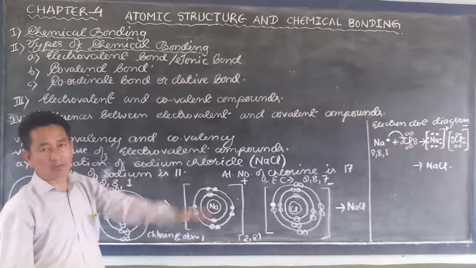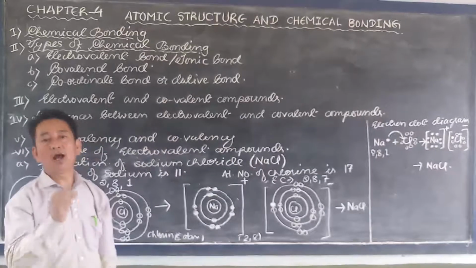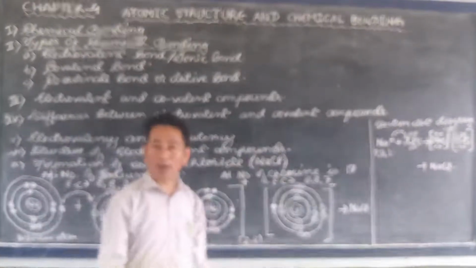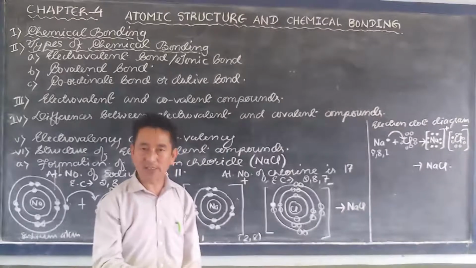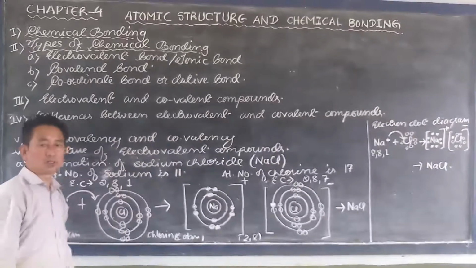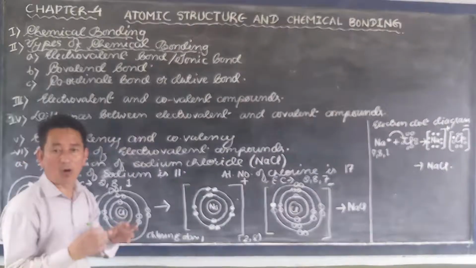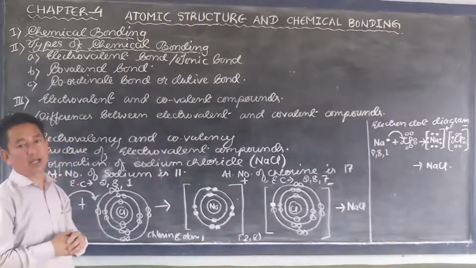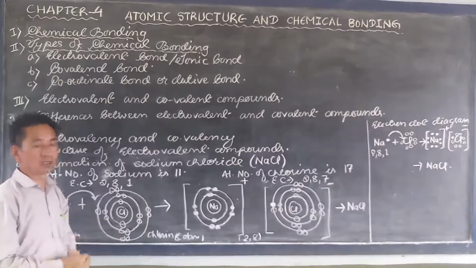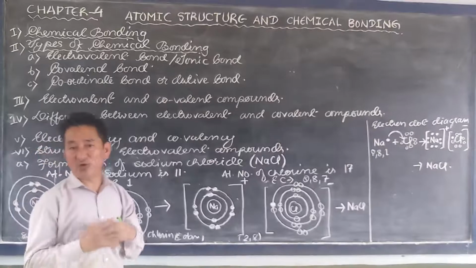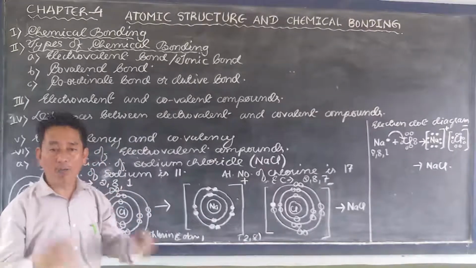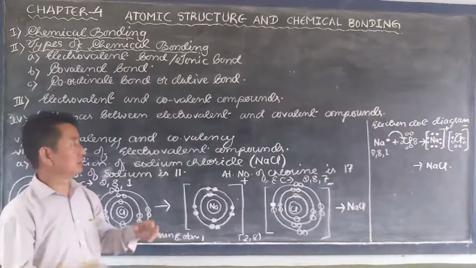Electrovalent or ionic compounds are usually hard, crystalline solids. Covalent compounds are usually gases, liquids or soft solids. Electrovalent compounds are made up of oppositely charged ions which have strong electrostatic forces of attraction. Electrostatic forces of attraction means the force which develops between the oppositely charged particles.